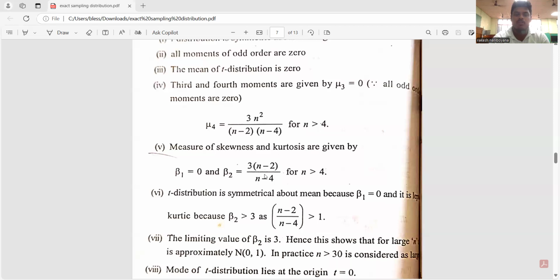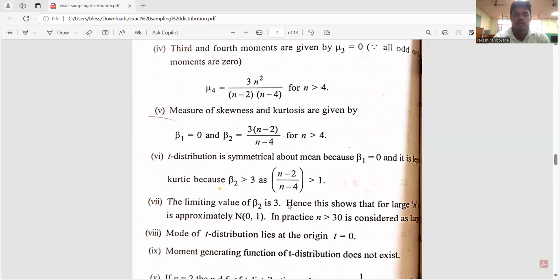Beta 2 is equal to 3 into n minus 2 by n minus 4 for n greater than 4, which means that kurtosis exists. Here the kurtosis is beta 2 greater than 3. That is the reason the T distribution is leptokurtic.